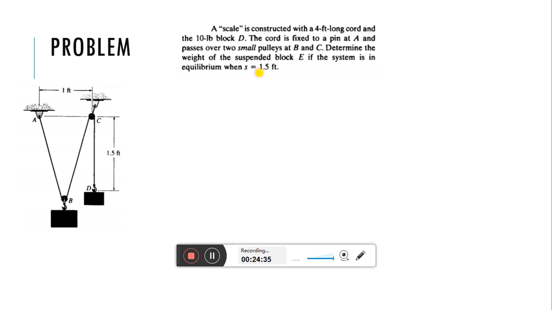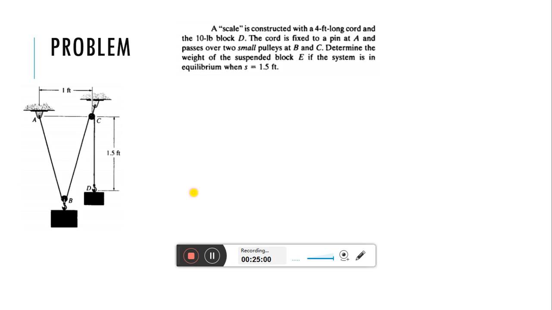Okay, so you need to ignore the diameters. Determine the weight of the suspended block E. This is the suspended block E, if the system is in equilibrium when S is equal to 1.5 feet. This length CD is equal to S.